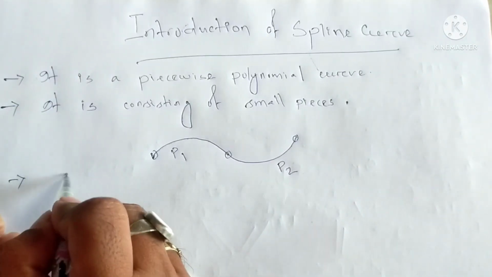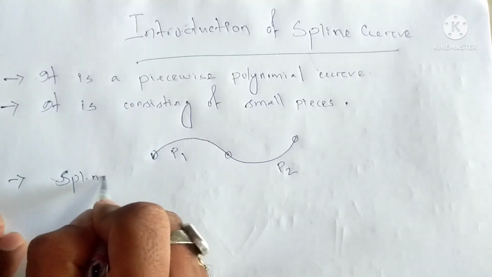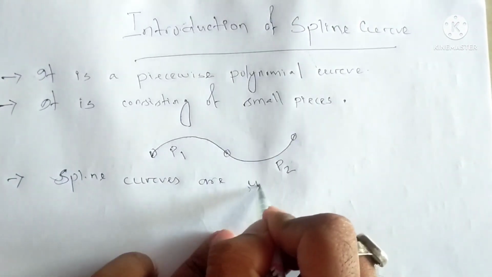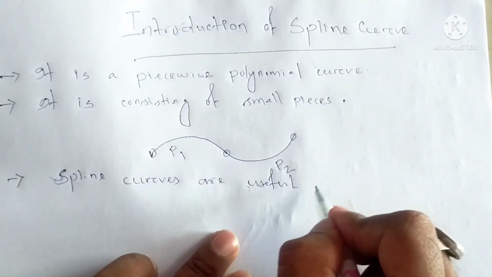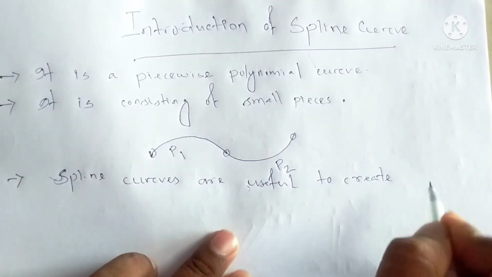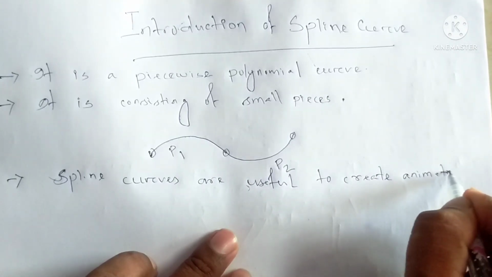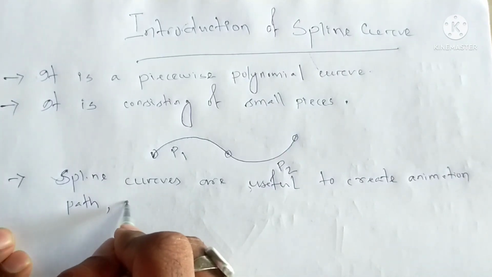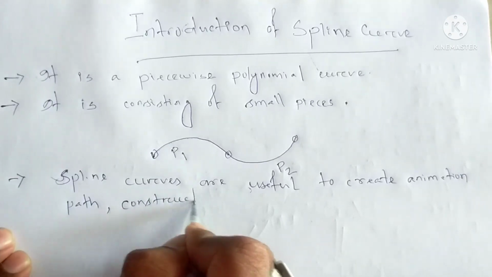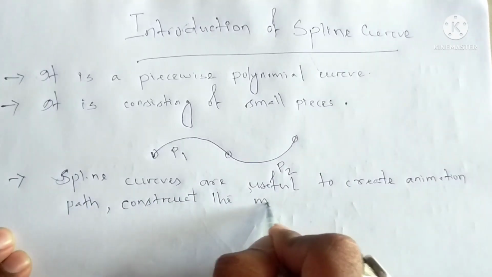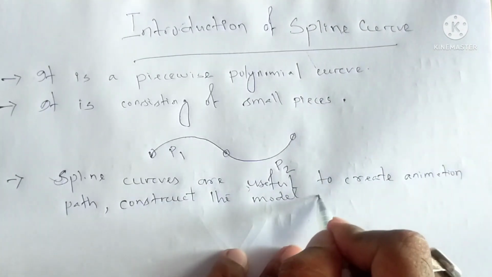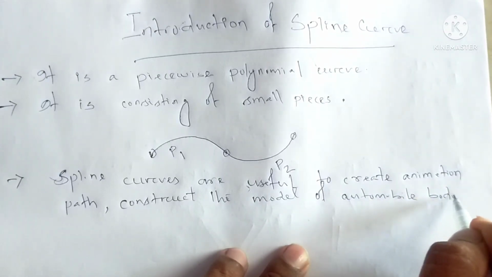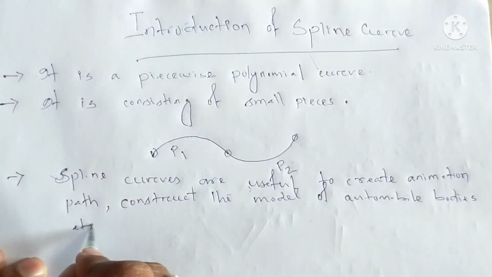So we can say that the spline curves are useful to create animation path and construct the model of automobile bodies, etc. So many applications you'll find.